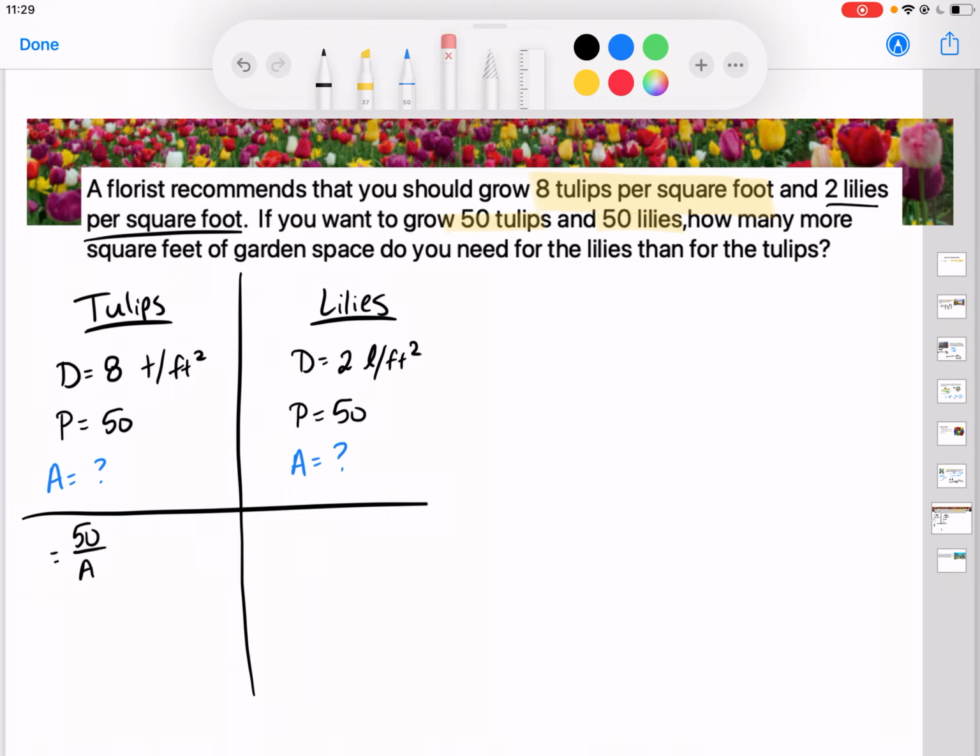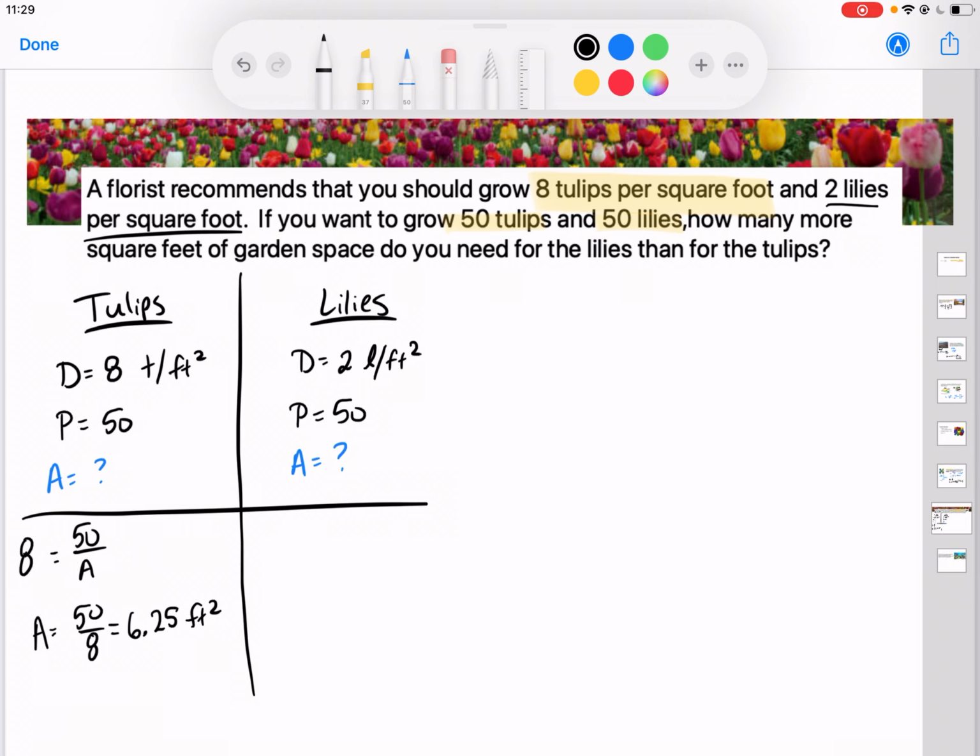And so we'd have 8 is equal to 50 over A. Therefore, A is just 50 over 8, which is going to be right on 6.25 square feet.